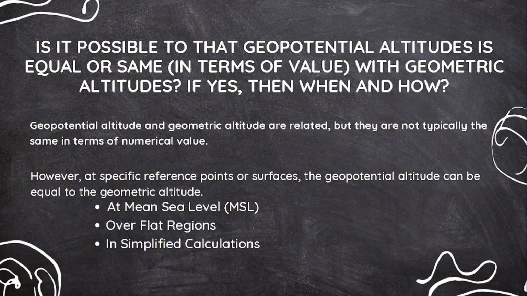In some simplified calculations or models, geopotential altitude and geometric altitude may be considered approximately equal for practical convenience, especially in specific applications where the difference is negligible for the intended purposes.